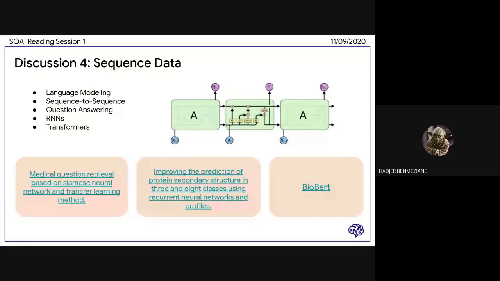Imagine you have a long paragraph, and some words at the end refer to the first word of the paragraph. The model won't recall that, so it cannot translate or analyze it well.